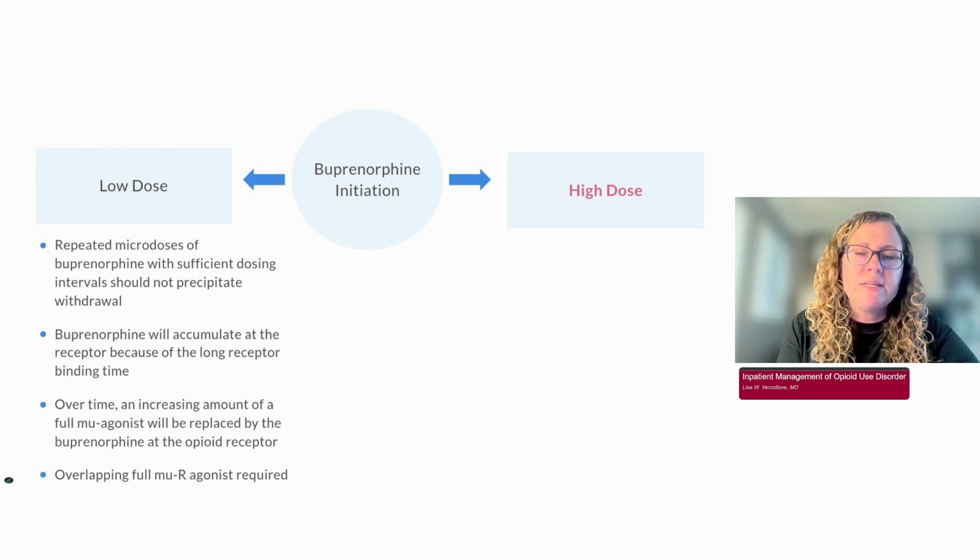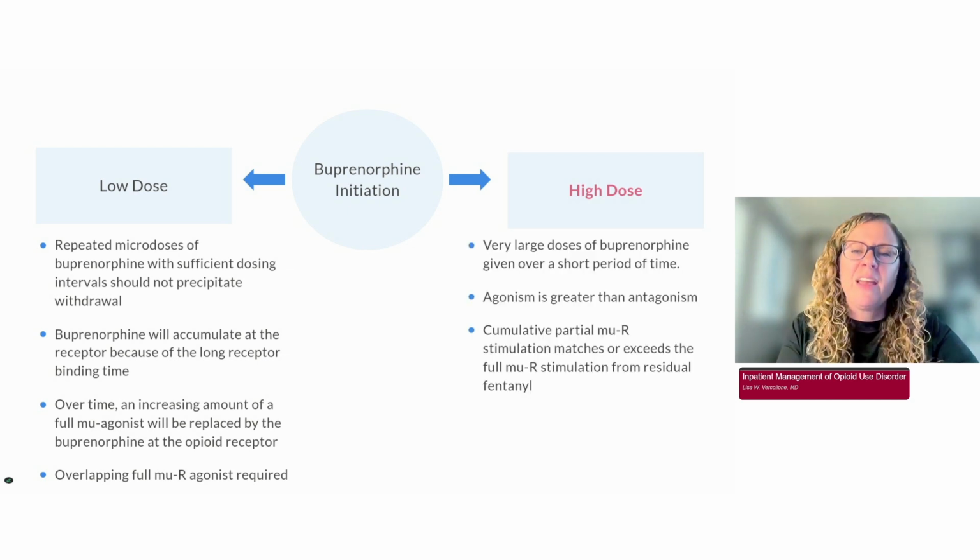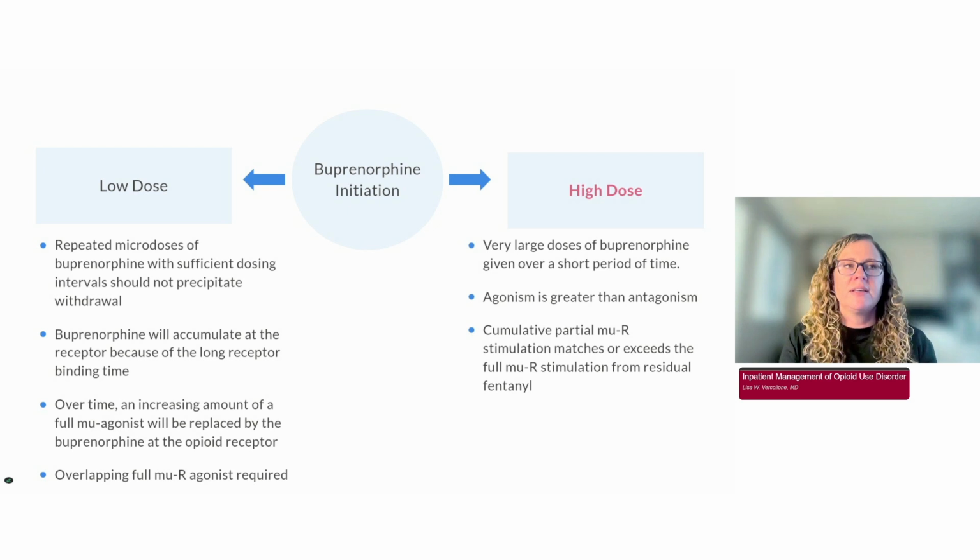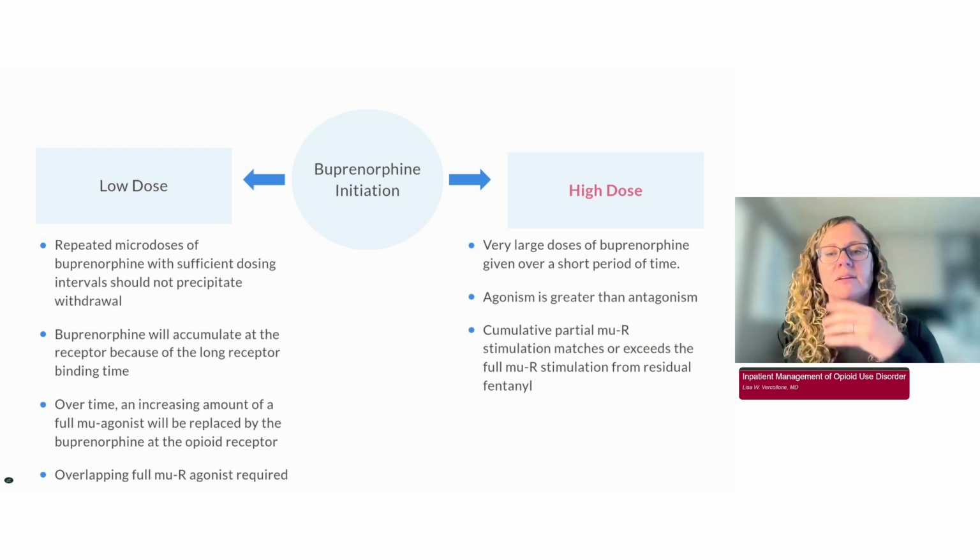Even more recent is a new approach called a high dose approach. And now the high dose approach is the complete opposite. It is giving very large doses of buprenorphine over a very short period of time. What we know is that if you give very high doses of buprenorphine, the agonist effect is going to be much greater than the antagonistic effect.